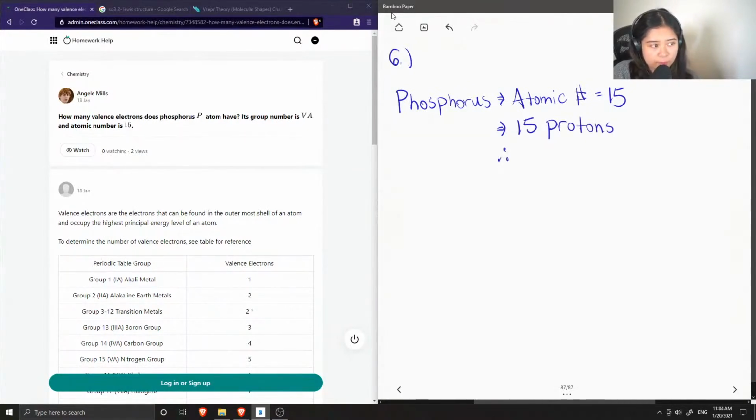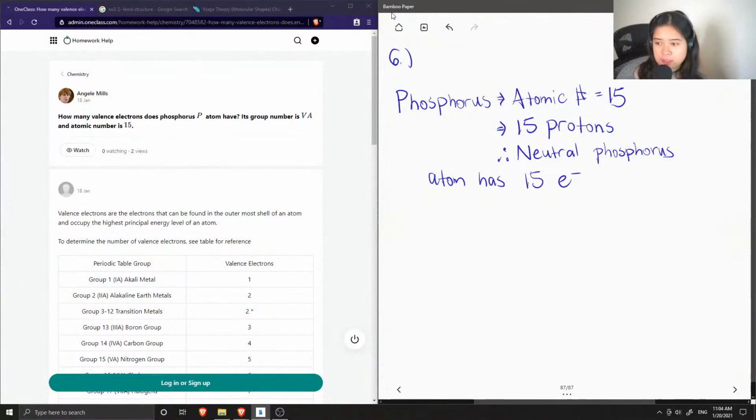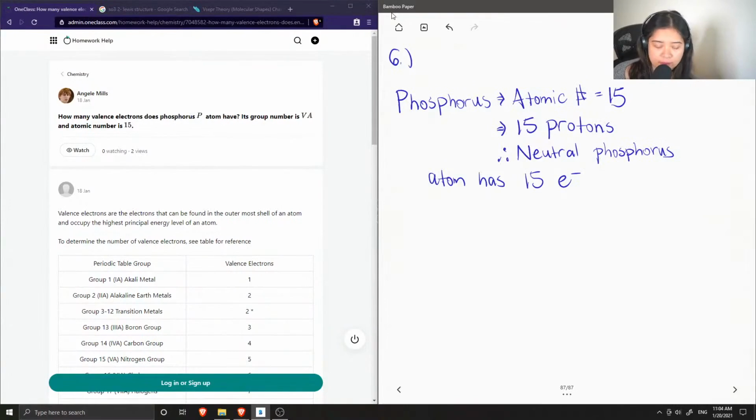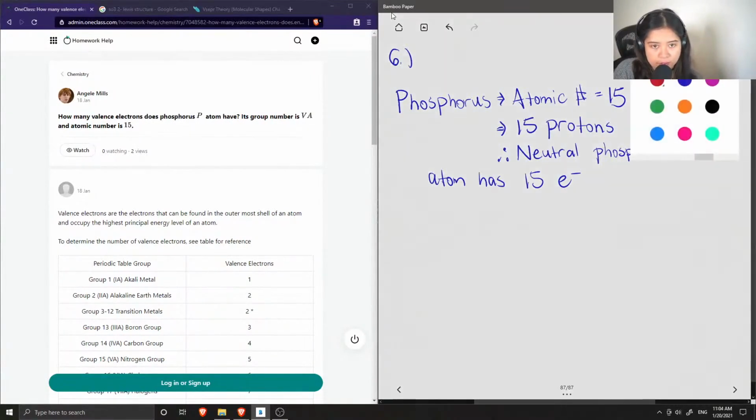And therefore, if we had a neutral phosphorus atom, then we also have 15 electrons. And this is so that the negative charge can cancel out the positive charge from the 15 protons to give us a neutral atom.